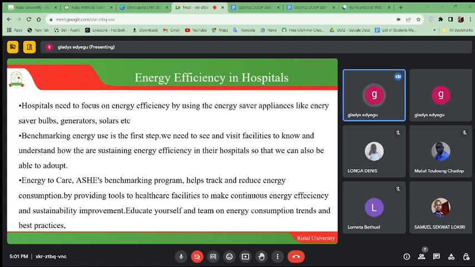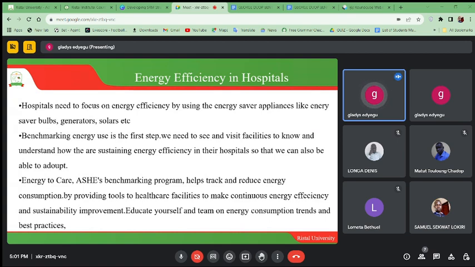So energy consumption is very important, and we need to make sure that there is energy efficiency in our hospitals to reduce the costs, and we can use different kinds of resources to reduce the consumption of power.